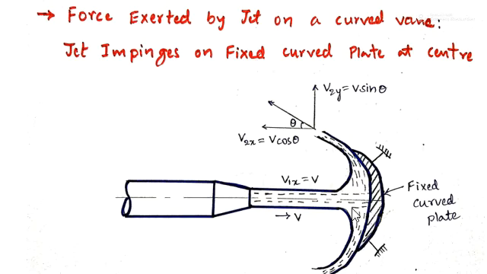When it is striking and leaving, the main component is going like this, and when you resolve that, this is the y component. So the final velocity in the y direction is v2y, and this will be v sin theta. We have seen this is cos theta, so this is sin theta.